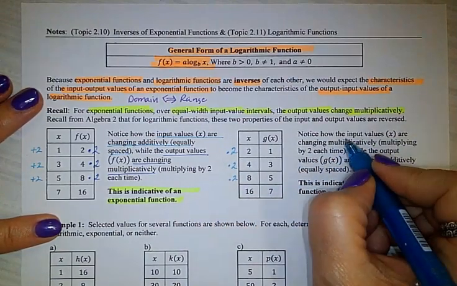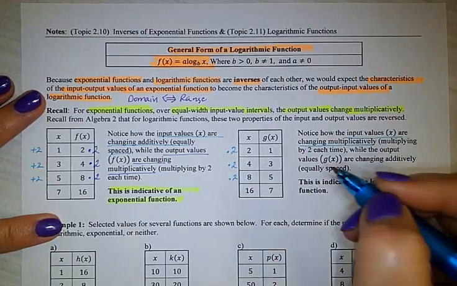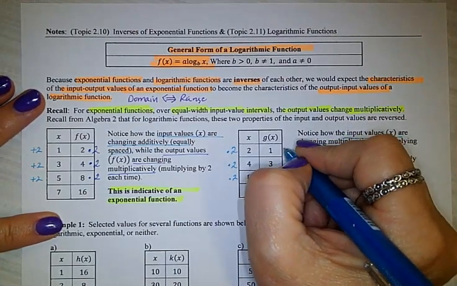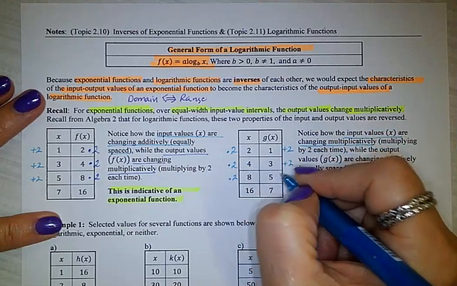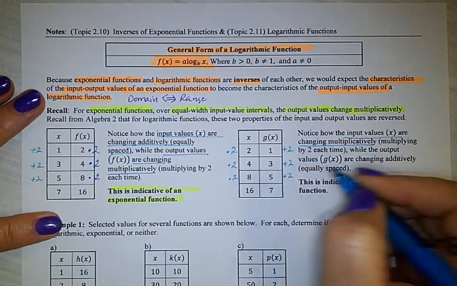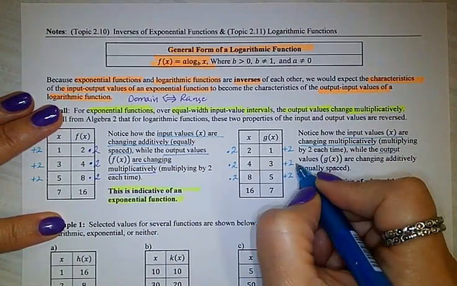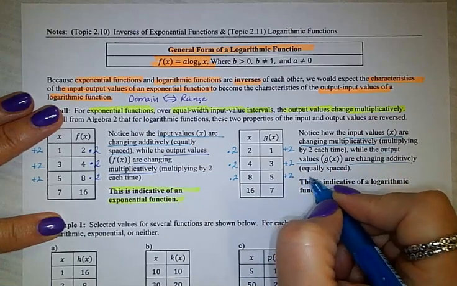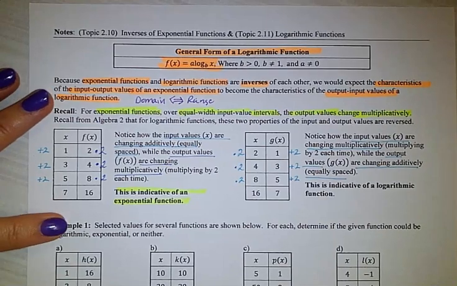The input values are changing multiplicatively this time, while for the output values, if I add 2 to this, I get 3. If I add 2 to this, I get 5. If I add 2 to this, I get 7. So the output values are changing additively, equally spaced. Those are the things that we're looking at as we classify.